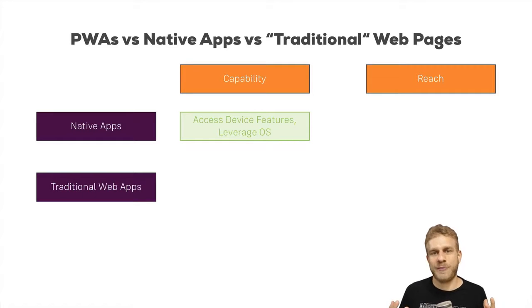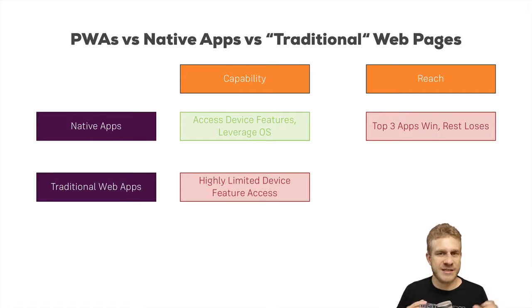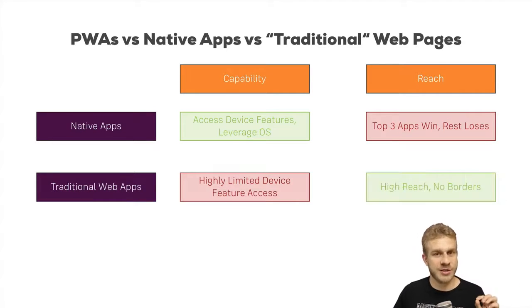We can leverage the operating system and access a lot of native device features. On the other hand, the reach isn't that good for the reasons we heard about. A web app, on the other hand, a traditional one, doesn't really have access to all these device features. It probably doesn't run offline, so that's not too good, but the reach is really good. You can find it via Google, it's just one address in the URL bar away.